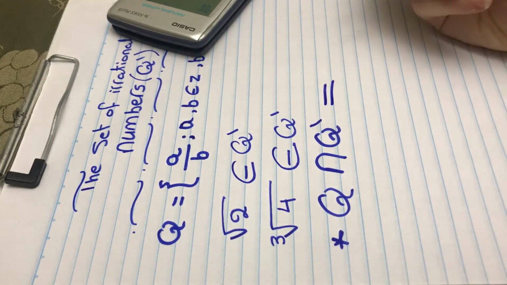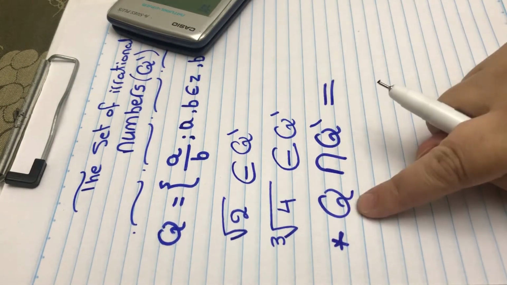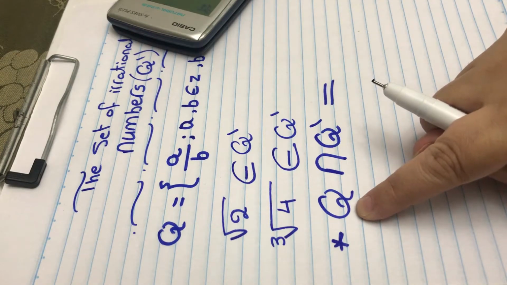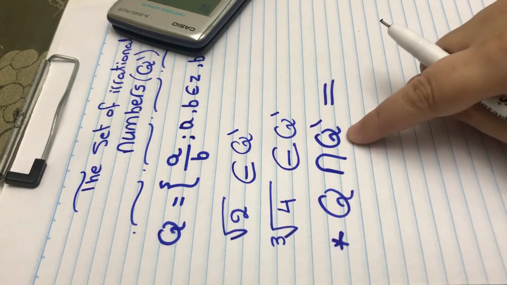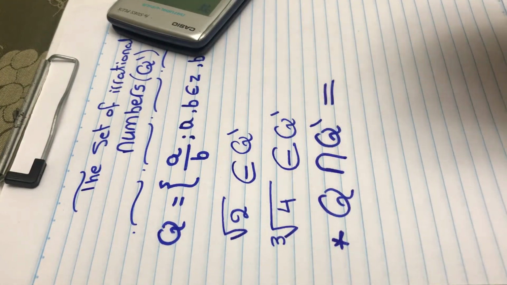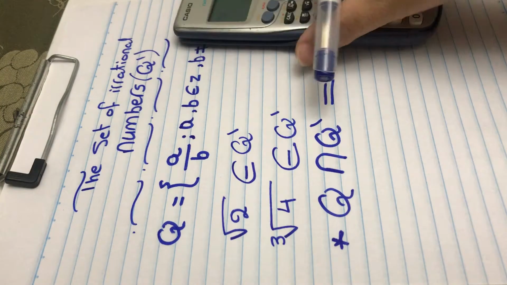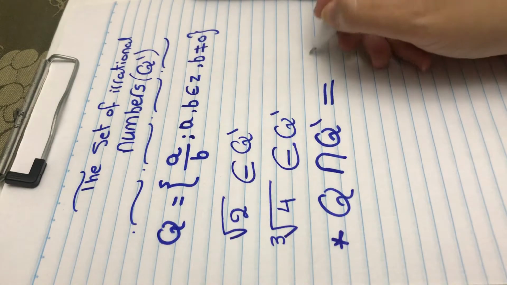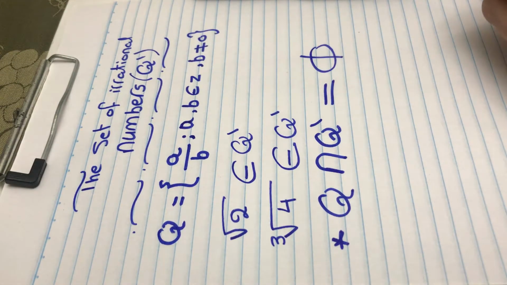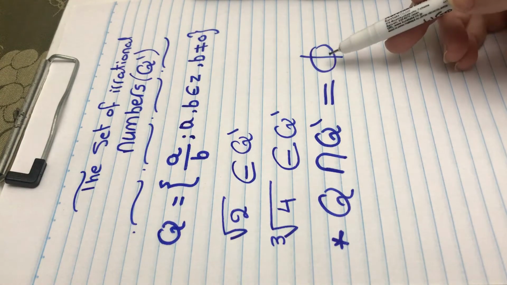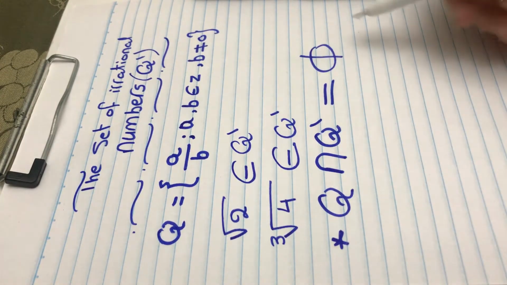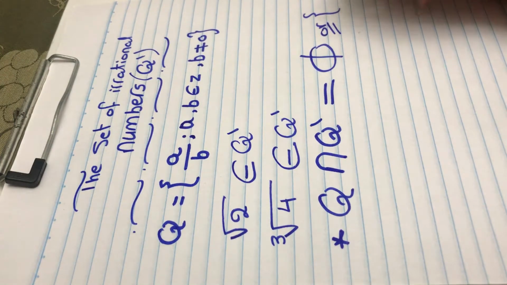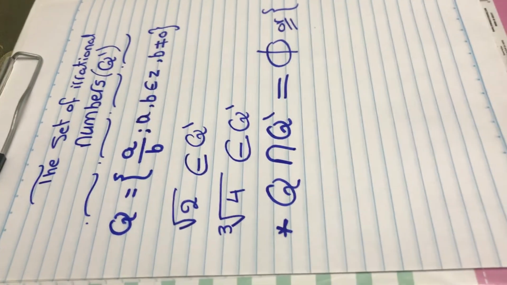So the answer should be a set. We said a number that is a fraction is Q, and a whole number is also Q. But Q dash is a number that I cannot put in the form of a fraction. So what is the intersection between them? No intersection. So it's phi, the empty set. And let's not forget that we don't put phi inside braces. Phi, or the empty set. This is phi also.